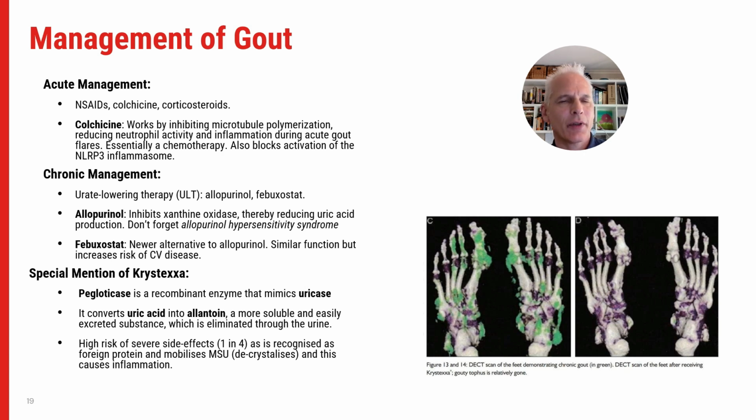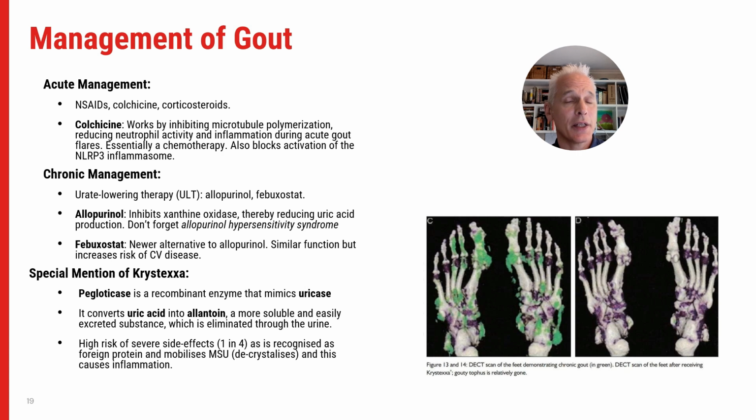Essentially, it is a chemotherapy agent, and it works by inhibiting microtubule polymerization. Now, if you don't know what microtubules are, they are essentially the skeleton inside your cells, which helps to hold them up and hold their structure, and they're also used to transport chemicals around your cells.